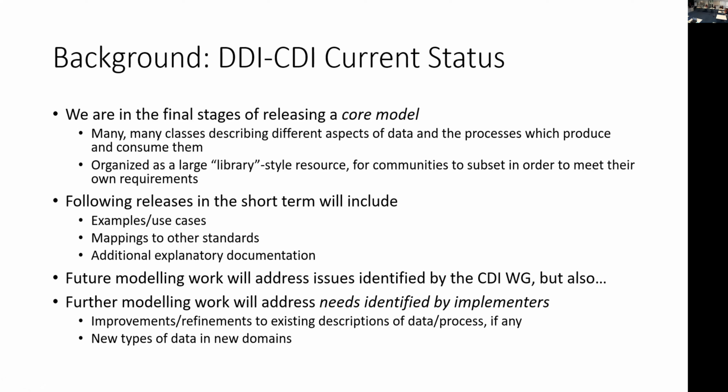We begin to see that we're missing a piece, which is implementation guidance, but it's very specific, and it has to do with using the model in a consistent way to describe data of different types. That's the thinking behind this. We know there are new types of data that we're not supporting yet in DDI-CDI, and we have to figure out how best to deal with those.